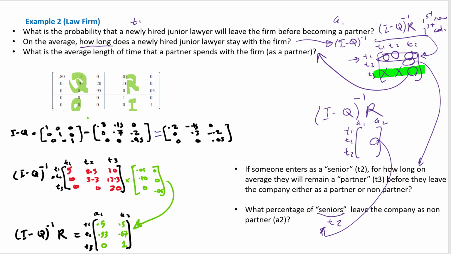Okay, so that's everything about absorbing chains. All you have to do is to reformat the original transition probability matrix so that the transient states are at the bottom and to the right of the matrix. Then you divide the matrix, you find Q and R. Then you calculate I minus Q inverse to answer questions that ask, if you're currently in a transient state, for how many periods you will remain in another transient state or the same transient state before you get absorbed.